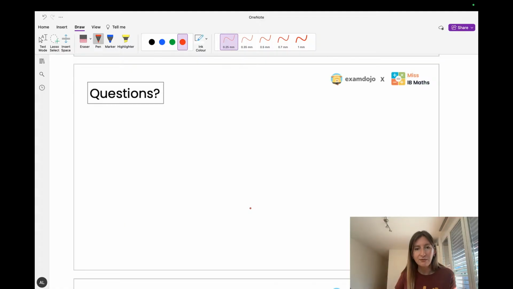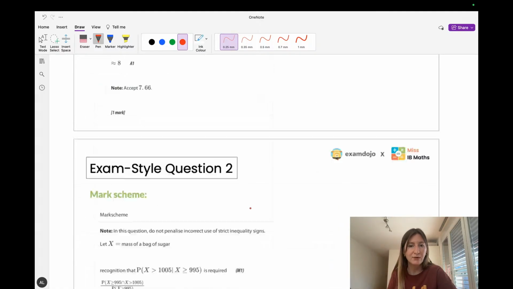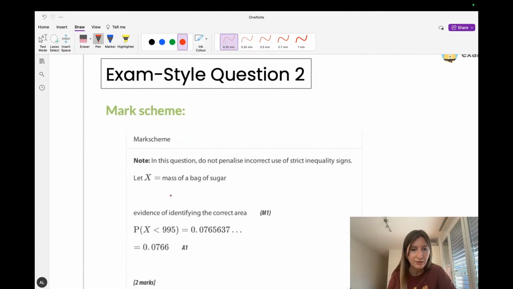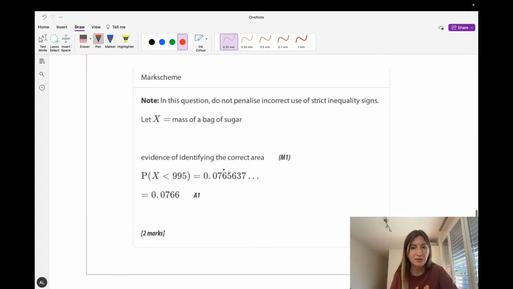Would you lose marks if you write 10.04? I think that was for when we had 10.0. No. So you see here, this is an example of a mark scheme. They give the A1 mark for having those three significant figures.